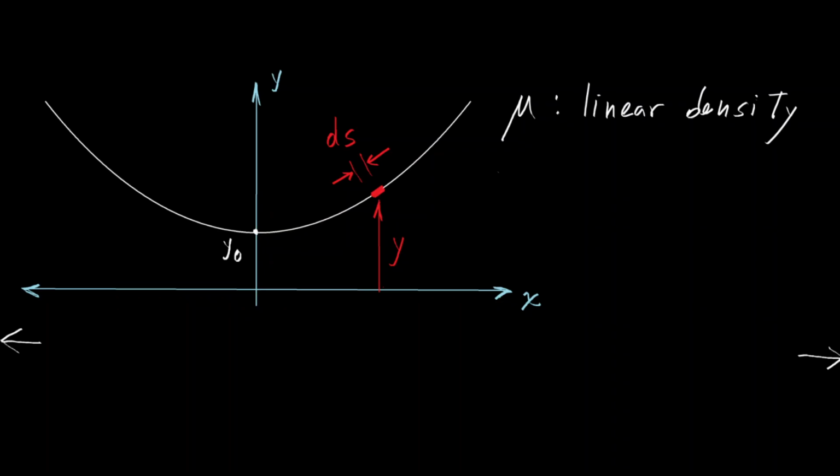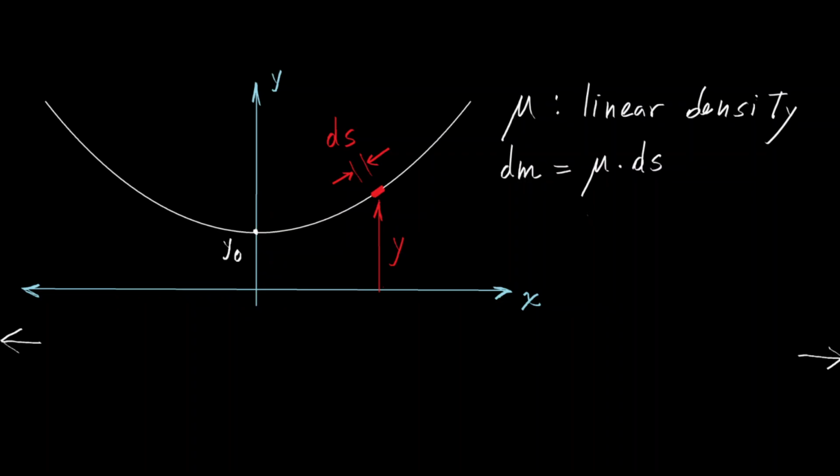For this, we will first analyze a small portion of the cable, a portion of length ds, being ds the length element. So the mass of this small portion, dm, is simply the linear density times its length, mu times ds.